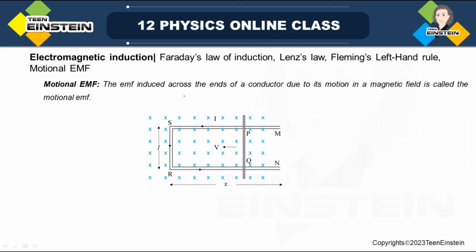See, the induced EMF across the ends of a conductor due to its motion in a uniform magnetic field is called motional EMF. I'll just explain here. Suppose, for example, PQ is the conductor, and you have this U-shaped conducting rail.